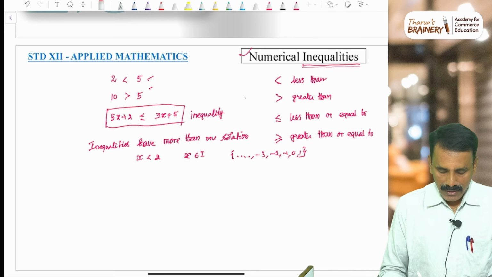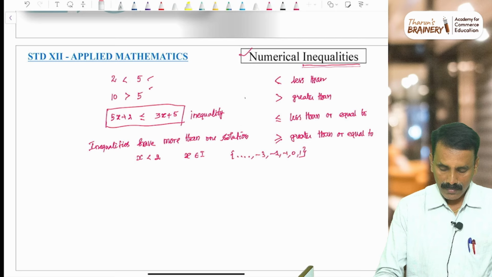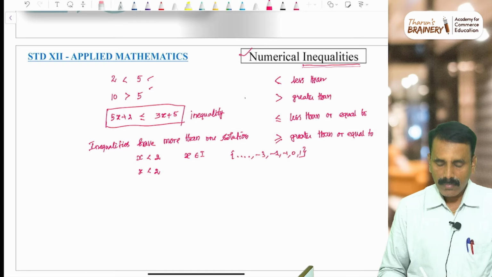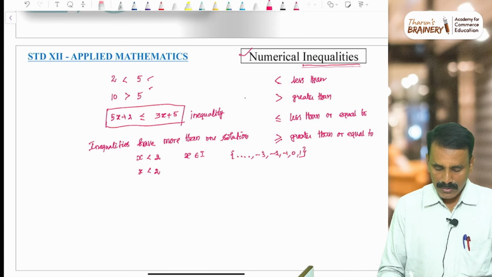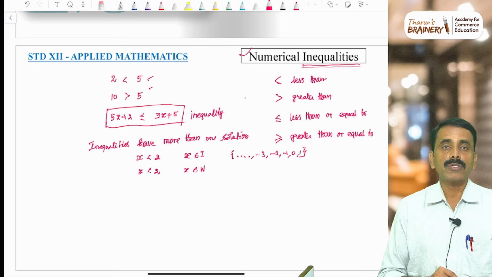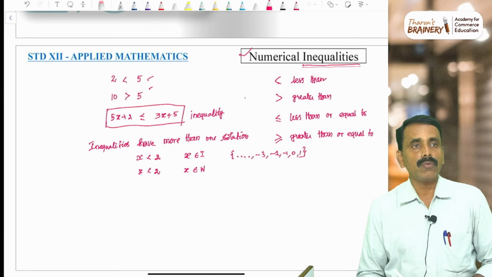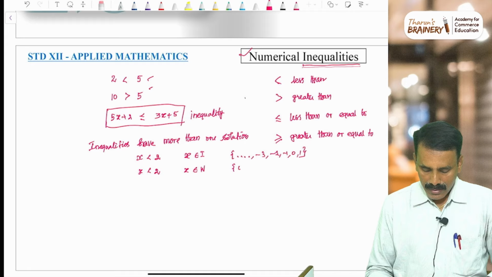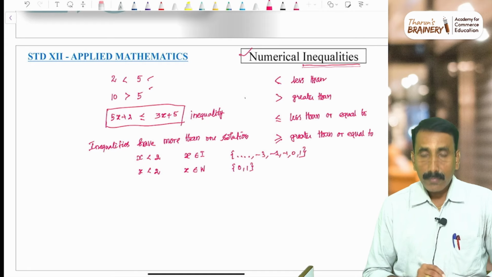The same inequality, x less than 2, when x belongs to whole number. So what are the values in whole number which are less than 2? In that case it will be 0 and 1.